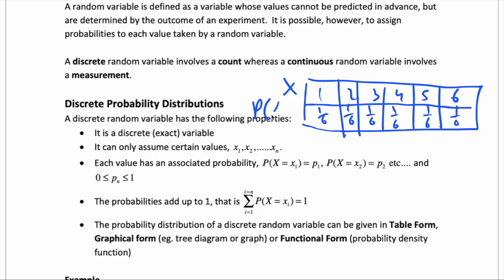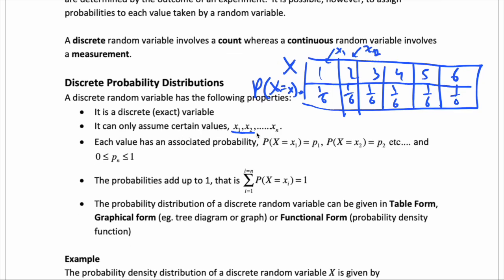And we say this probability, capital X equals little x, goes in this column. Capital X is the discrete random variable for the outcome of the dice, and little x is each outcome. This is little x1, little x2. So each of the outcomes is labeled little x, but for the discrete random variable we use a capital X, as it says here.